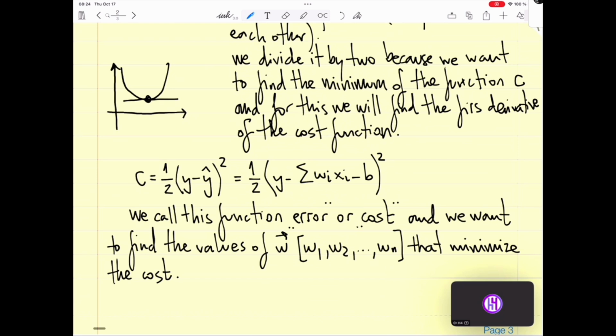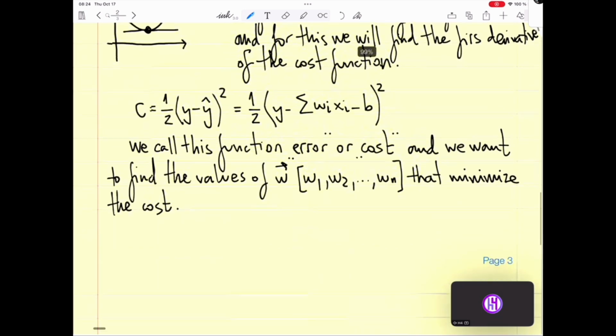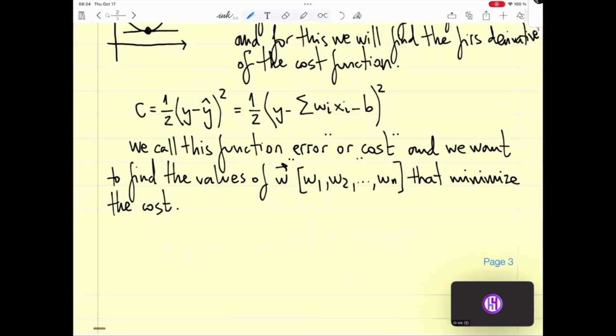Okay, so in order to do so, what we do is we are going to derive. It's a multi-variable function.